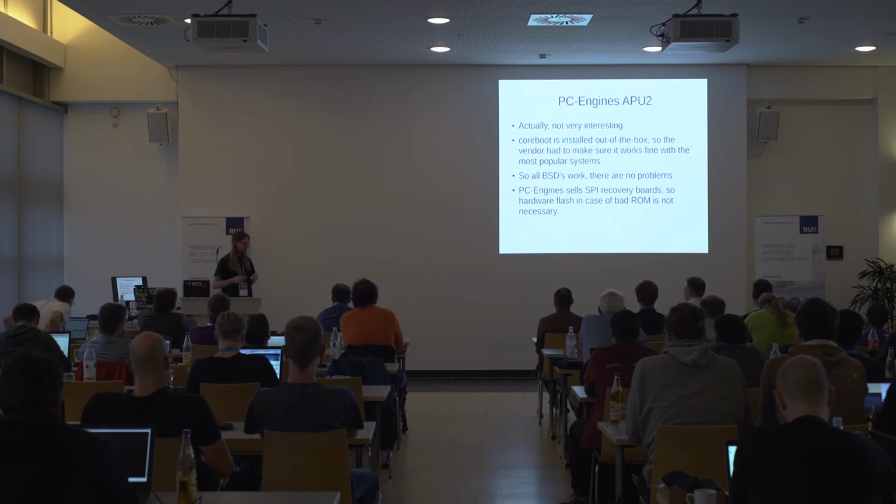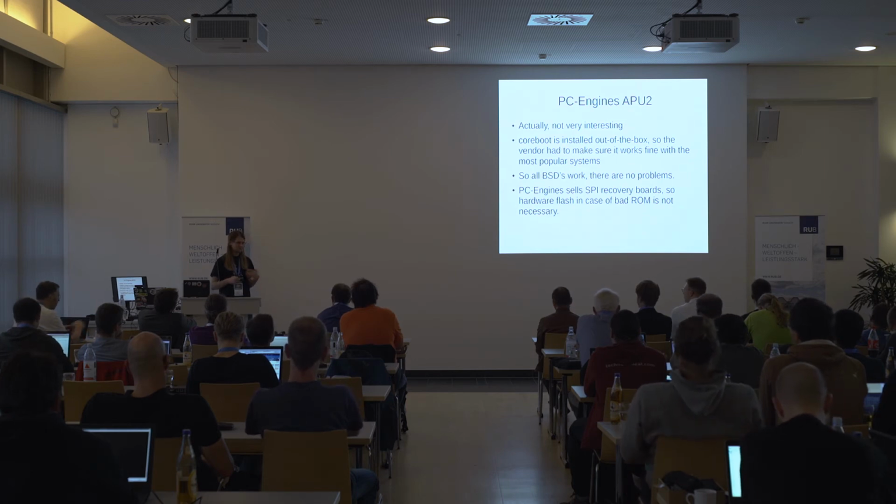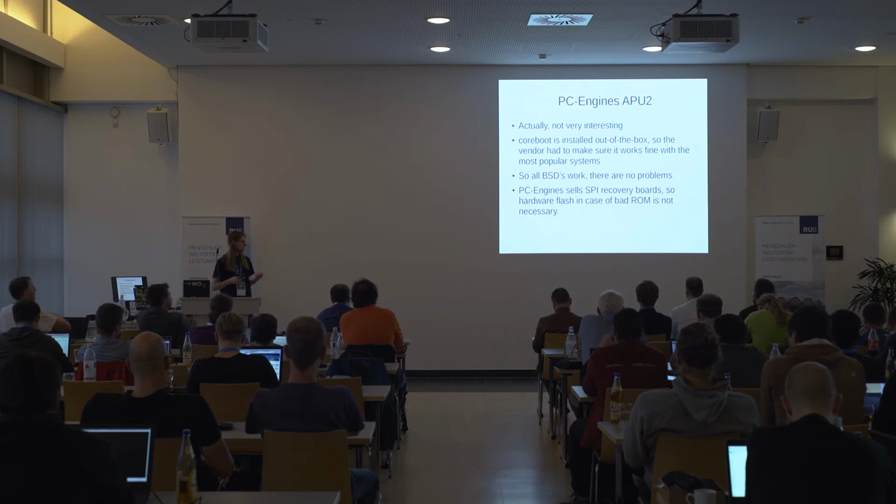I have APU2 as my main router at home. It has uptimes that go for months. There are no problems. If you play with coreboot too much, if you break the board, there's a nice recovery option. It's quite hard to actually cause a hard brick.